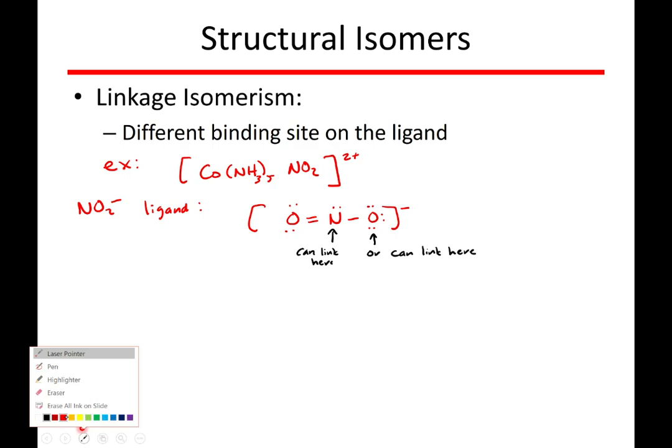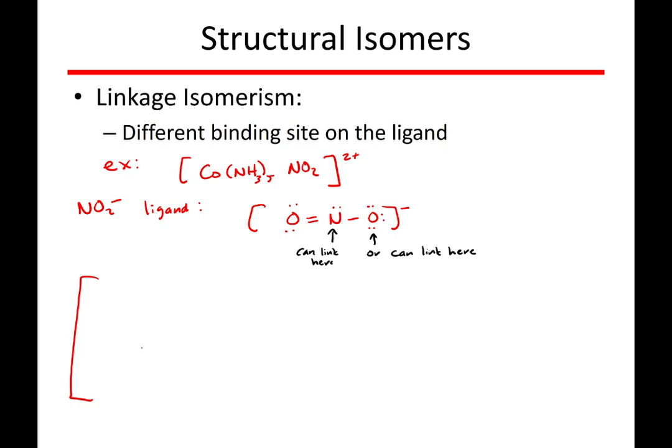So let's go ahead and draw out the two different isomer possibilities that we have here. For one possibility, we would have our cobalt in the center, and then we're going to put 5 amine ligands around it. And maybe we'll say, what happens if the cobalt links at the nitrogen site?